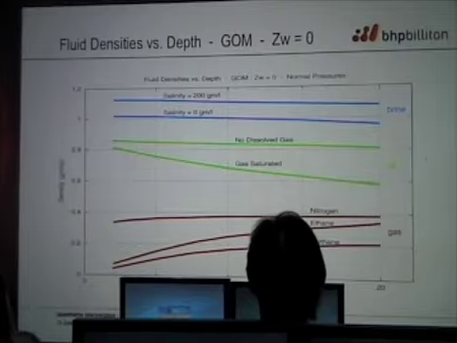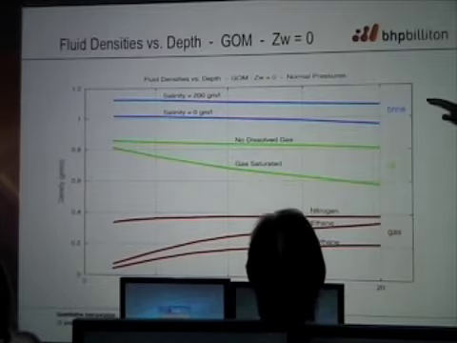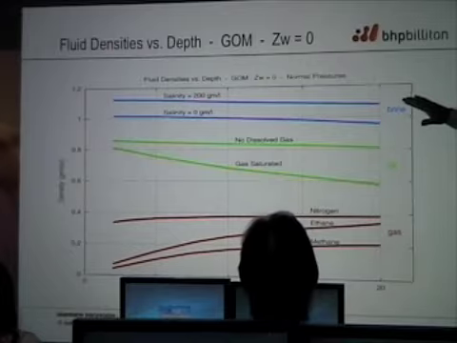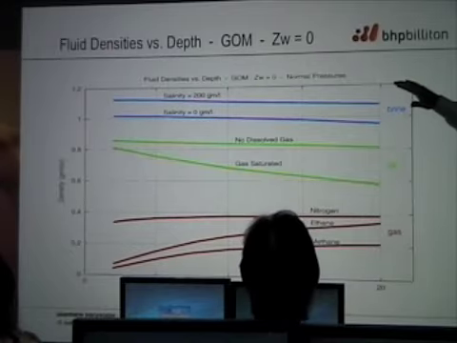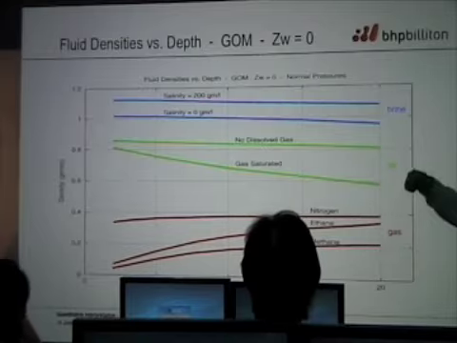Okay, so here we are. This is something that you could easily interpolate. And so we use Gulf of Mexico kinds of numbers for the temperature gradient. As we go down in the earth, what happens?